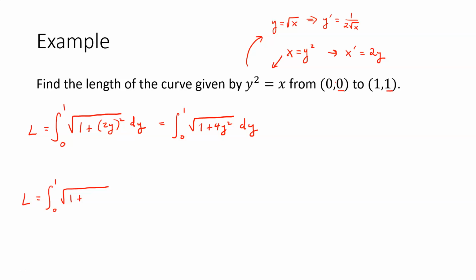So I'll do the same integral from 0 to 1, but now I'm going to be using the x coordinates there, and this is my y prime. So our integral in this case would be the square root of 1 plus 1 over 4x.